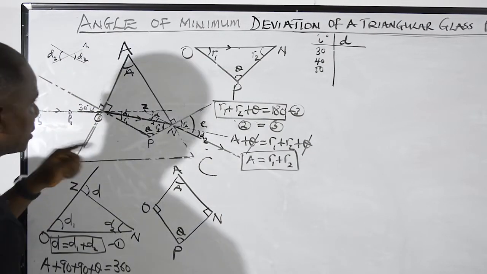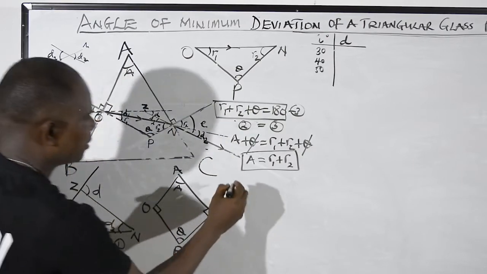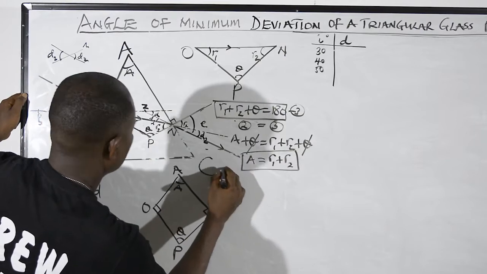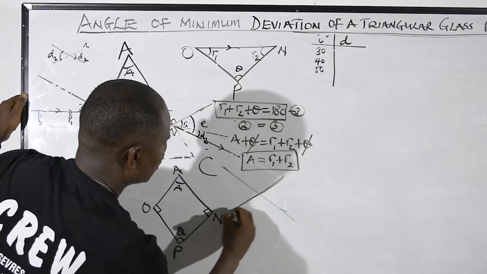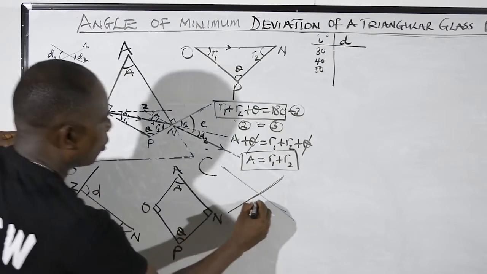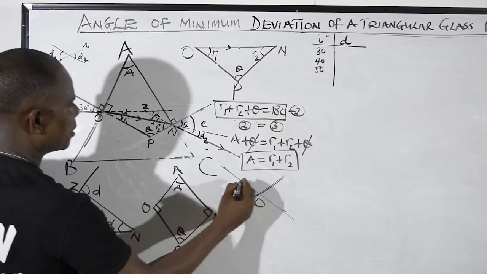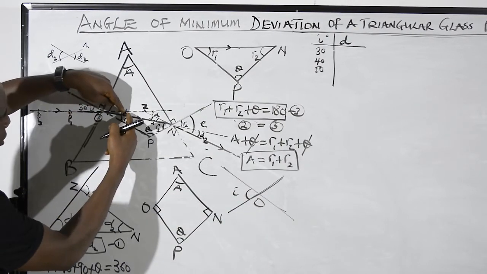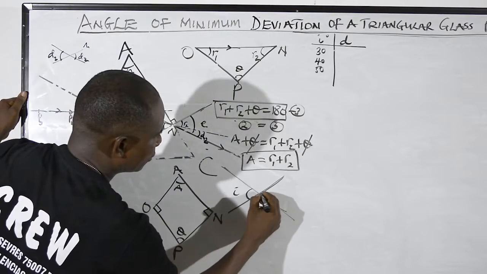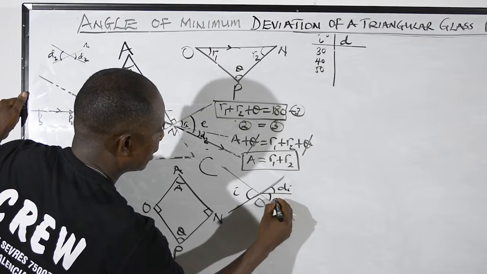So now we go with this. I'll come back to the incident angle. If you check the incident angle, you have a line here. So at this point O, you have this ray coming. This is the ray. This is the incident angle I. As this is equal to D1 and DR, you have D1 and DR and R1.